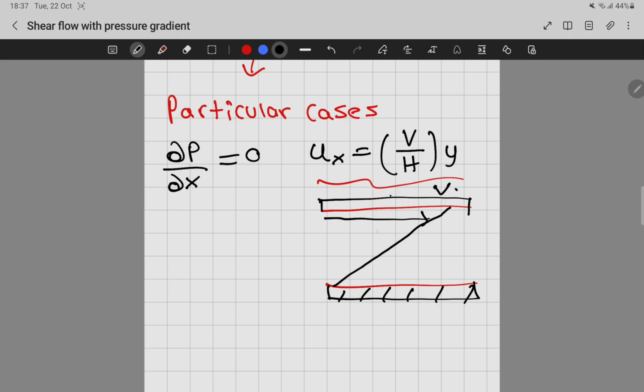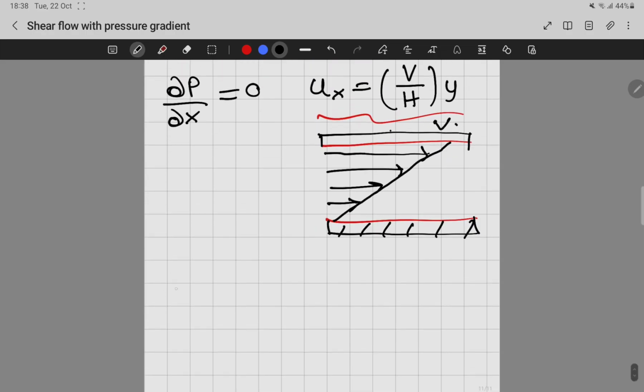So this is the velocity profile for simple shear flow, which means that the velocity at the upper layers is going to be higher compared to the layers of fluid at the bottom. This is the particular case number 1.